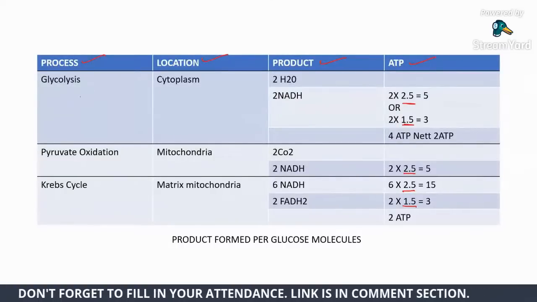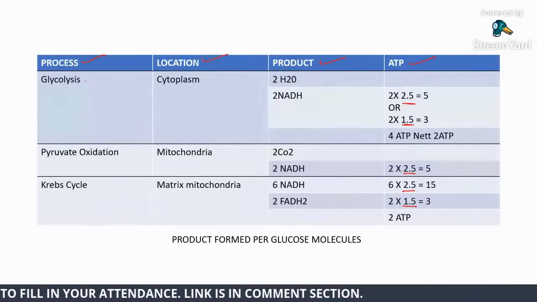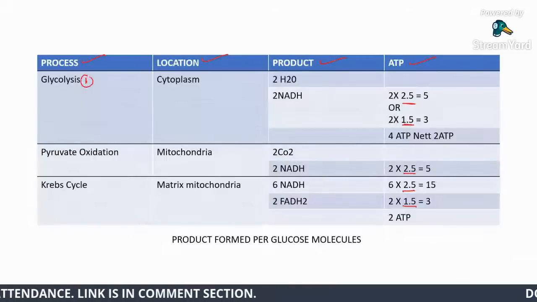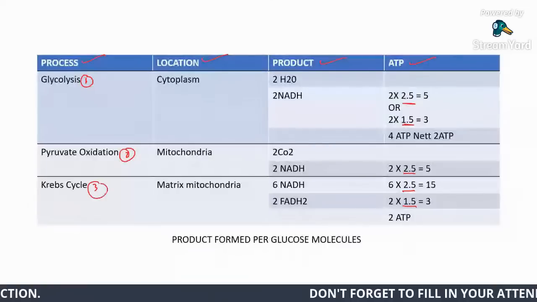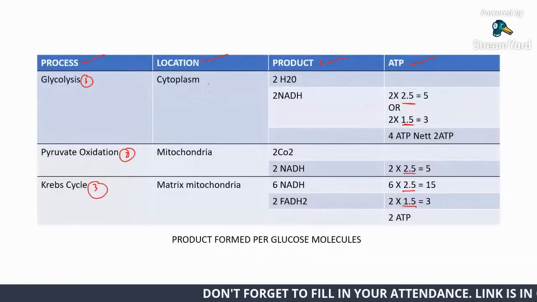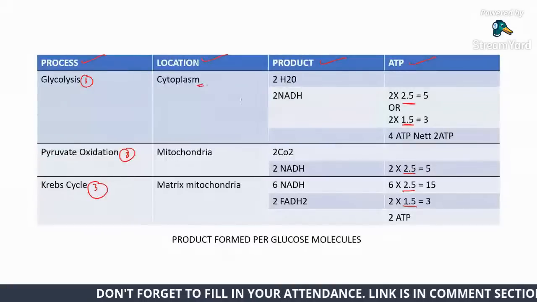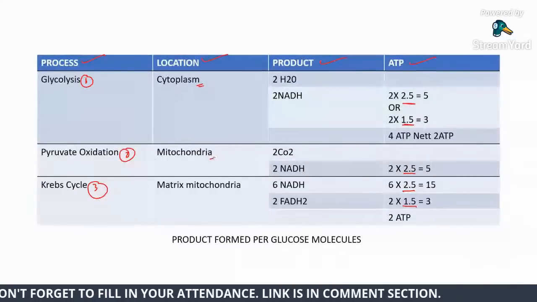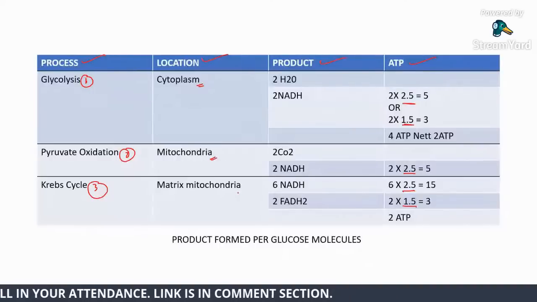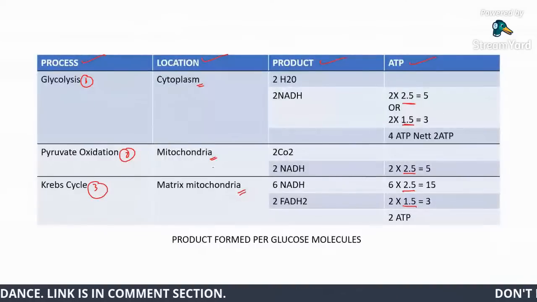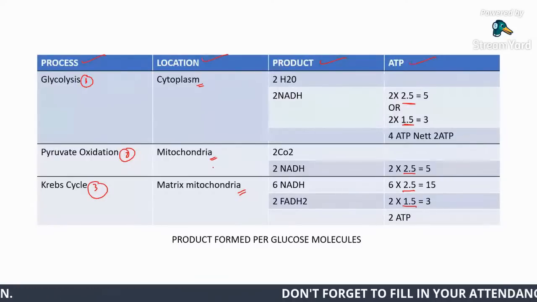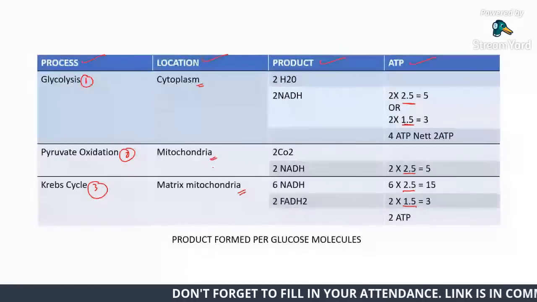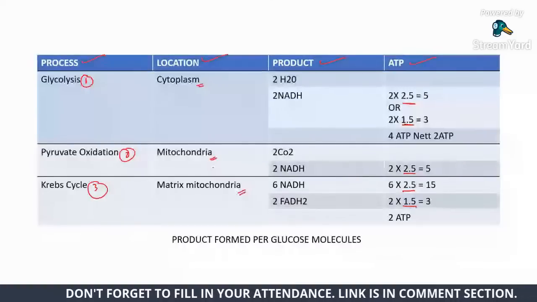Right, so for process, we have glycolysis, the first process of cellular respiration, followed by pyruvate oxidation and Krebs cycle. So glycolysis takes place in cytoplasm, pyruvate oxidation takes place in mitochondria, and Krebs cycle takes place in mitochondria matrix. So oxidative level phosphorylation will take place in cristae atau mitochondrial membrane juga. Okay.